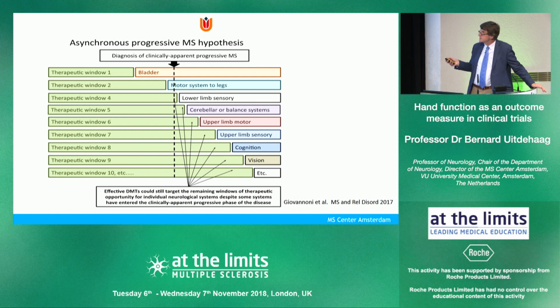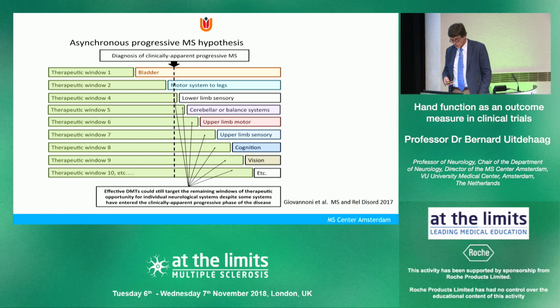And if this is the time where we can diagnose the progressive phase of the disease, or are convinced that the patient is in the progressive phase, this window of opportunity for the motor function of the lower limbs may be gone and still present in upper limb motor function. And that could also explain why in these older trials, and in the trials using the MSFC, arm function was influenced by the treatment and leg function, so mobility, wasn't.